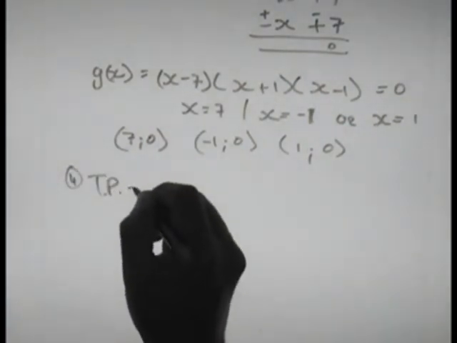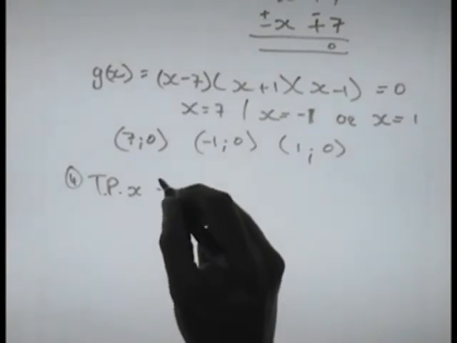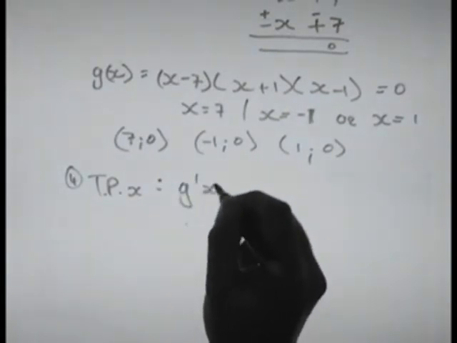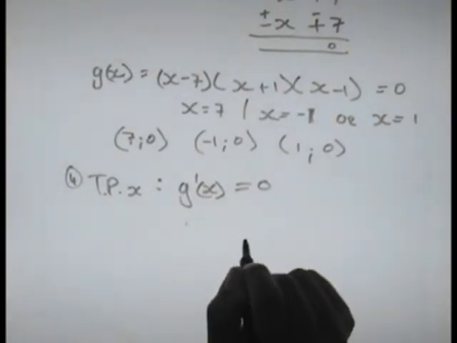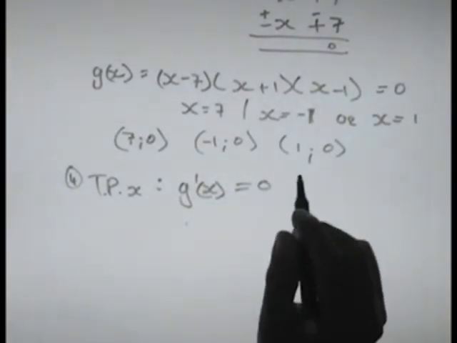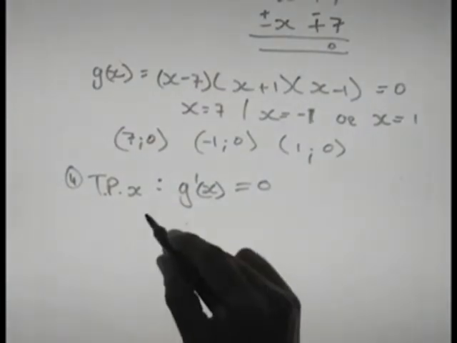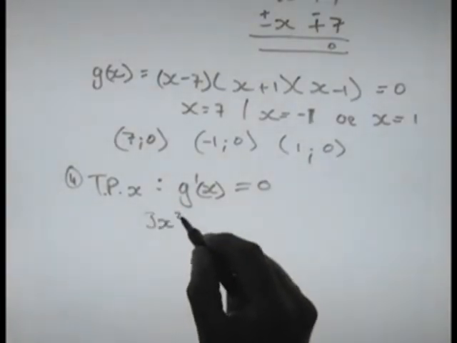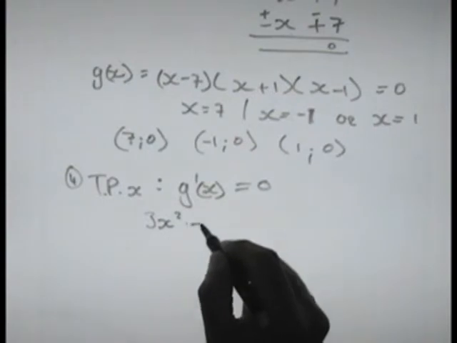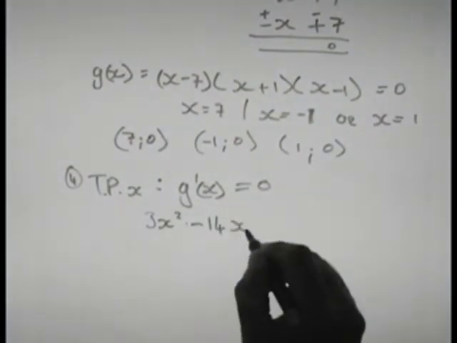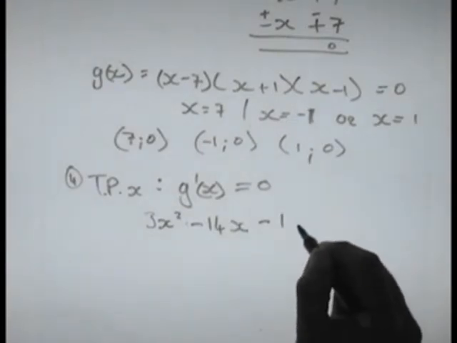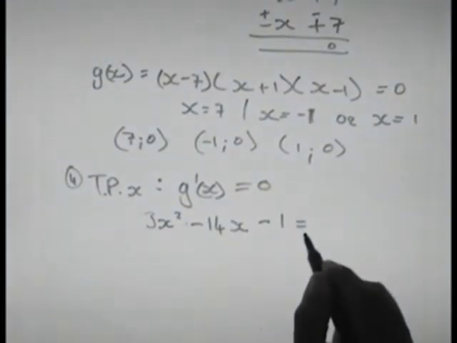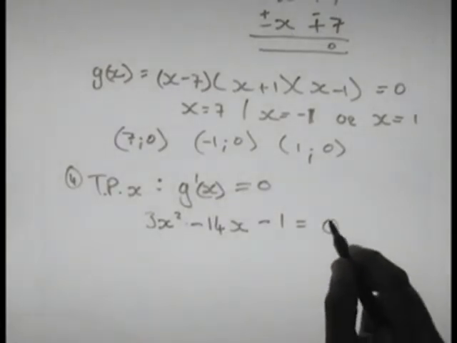We are now going to look for our turning point, which is the fourth step, or rather the x value of our turning point. That's going to be when the derivative of g of x is equal to 0. That's where the graph turns. Derivative of g of x is going to be given as 3x squared minus 14x minus 1 is equal to 0.